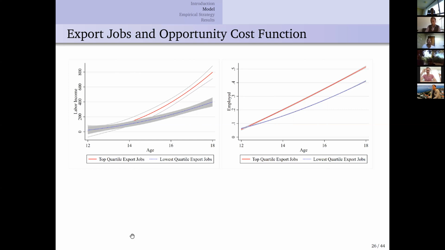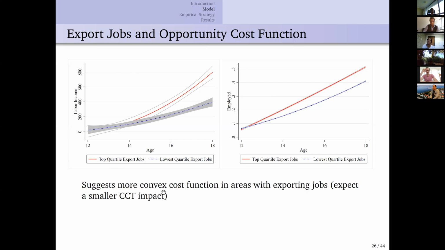I'm showing the relationship only for youths, so kids of school age, the relationship between income and age, as well as employment and age. And we see these steeper slopes for the areas with lots of export jobs, which suggests, again, it's not at all a direct measure, but it suggests that the cost function might be more convex in areas with these exporting jobs, which would lead you to expect a smaller CCT impact, right?